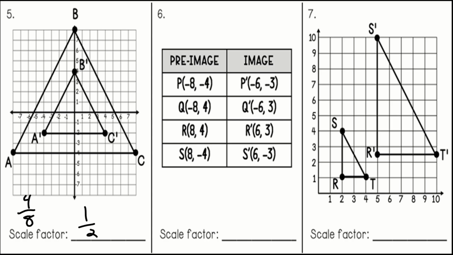We got positive numbers with R. Use the Y values. They're smaller. So we got a 3 and a 4 right there. It's the image over the pre-image. So it's 3 over 4. That can't be simplified. So it's 3/4. If I used the X values, I would have 6 over 8. I would have to simplify those, which simplifies still to 3/4.